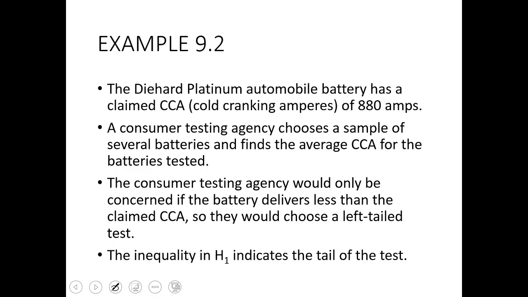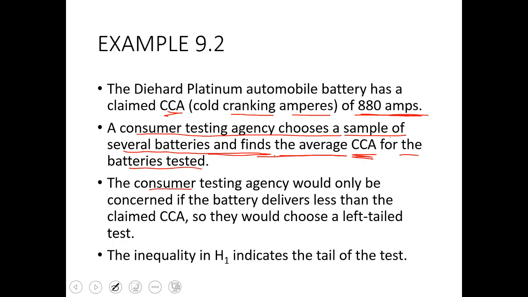And another example is that a Diehard Platinum automobile battery has a claimed CCA, cold cranking amperes, of 880 amperes. So a consumer testing agency chooses a sample of several batteries and finds the average CCA for the batteries tested.